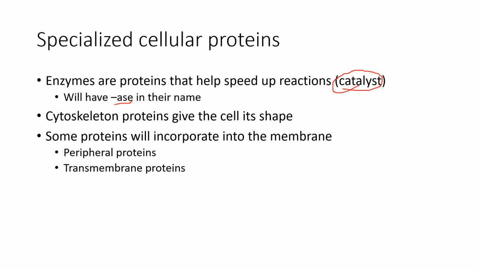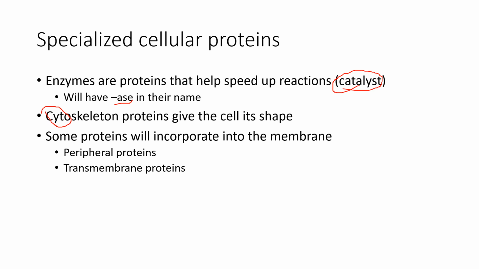You also have specialized proteins that give your cells, any cell technically, a shape, and they are called cytoskeleton. Anytime you see cyto in a word, it usually means cell. So a cytoskeleton protein is a protein that makes a skeleton of a cell. Remember, in biology, the words are not just words, they're sentences.